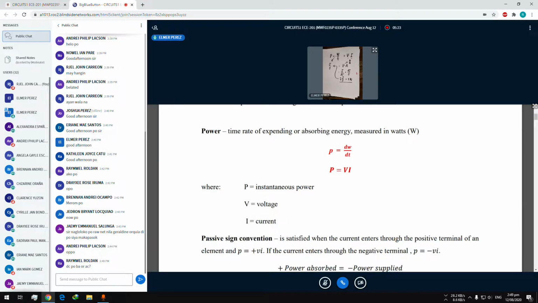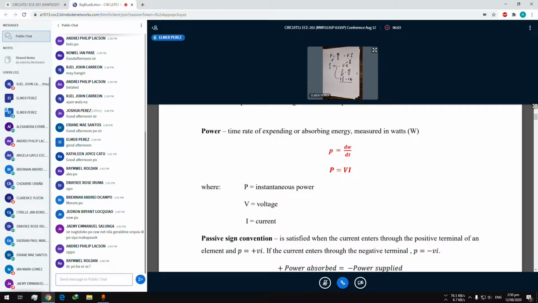Okay, so we're still waiting for like 7 pa. Si Clarence, si Drixie. Ako pala. Kasali pala ako. Si Raimwell, si Serena, tsaka si Sheena. Is a power scalar or a vector quantity? Remember, scalar quantity is purely magnitude without direction.